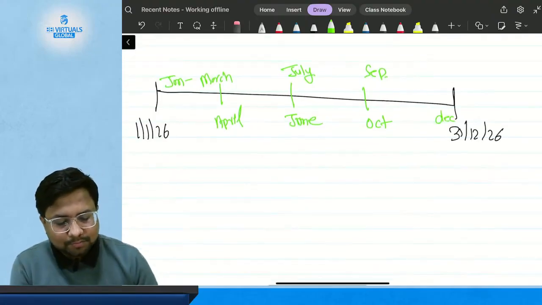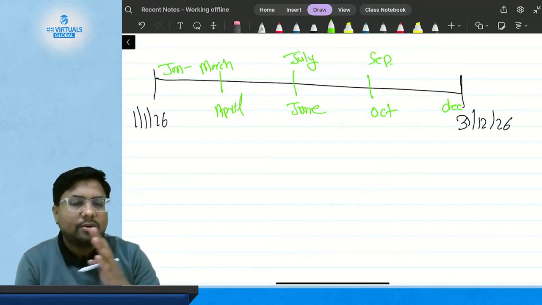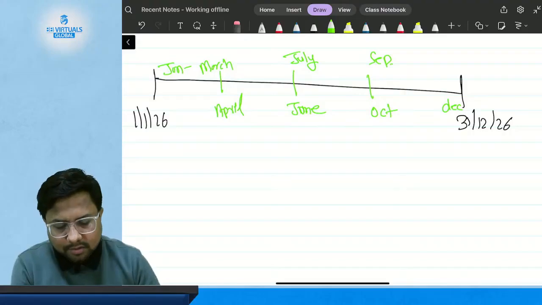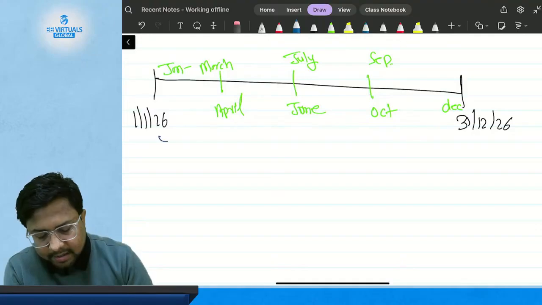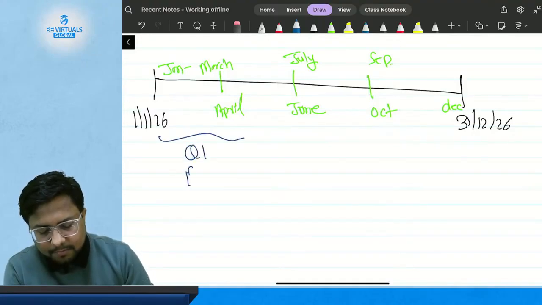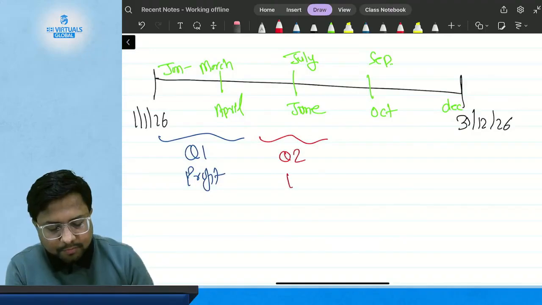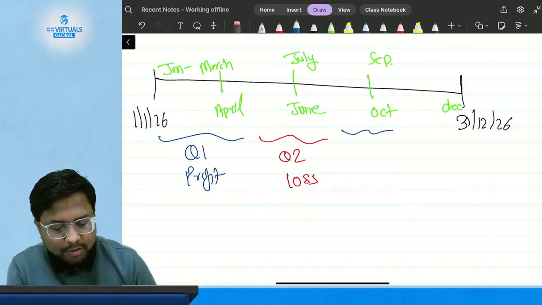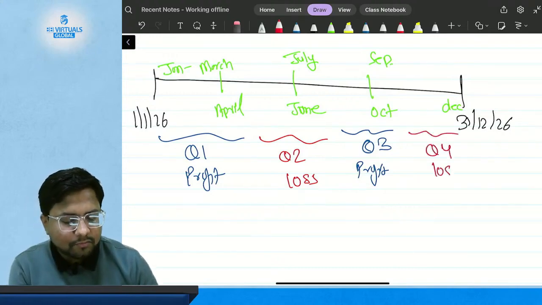Okay, so I can prepare a statement of profit or loss either for a quarter, or for a year, or for, say, 6 months. So I can have a profit in quarter one, I can have losses in quarter two, again a profit in quarter three, and I can again have losses in quarter four.